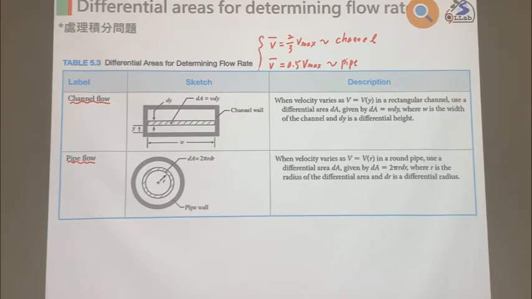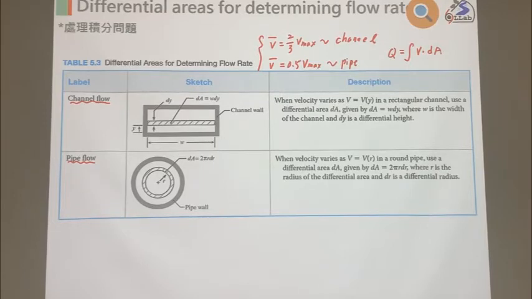So we wonder why we can conclude the result showing here. We need to base on the initial concept. We always know Q is equal to the integration of V dot dA.